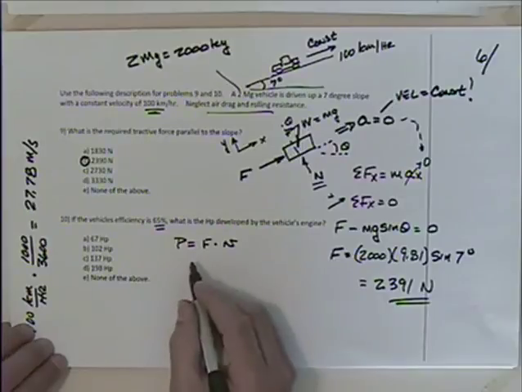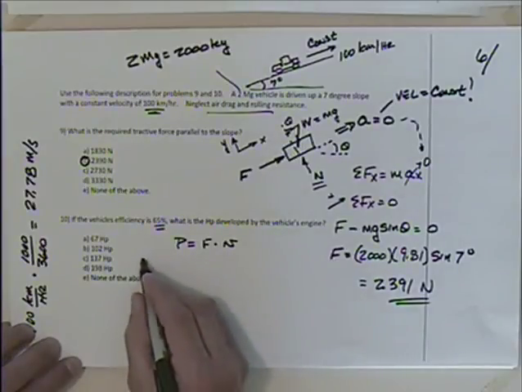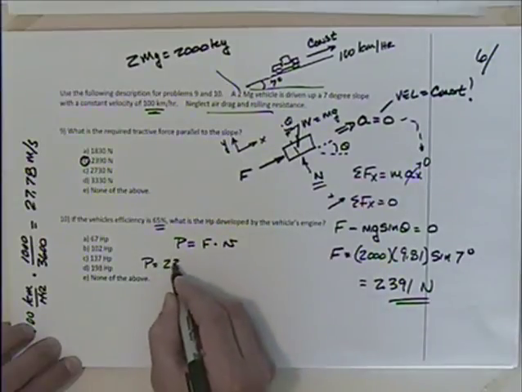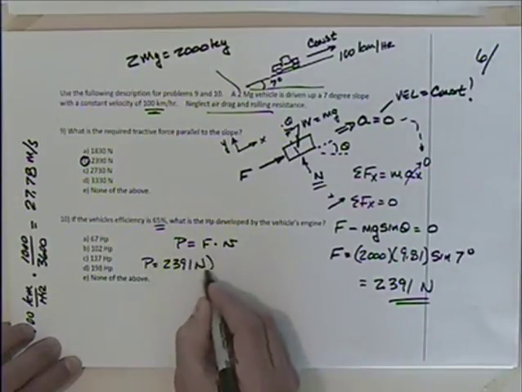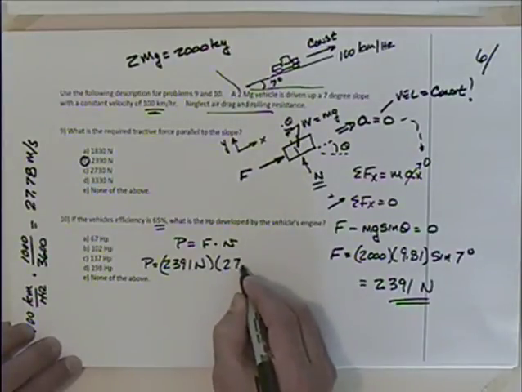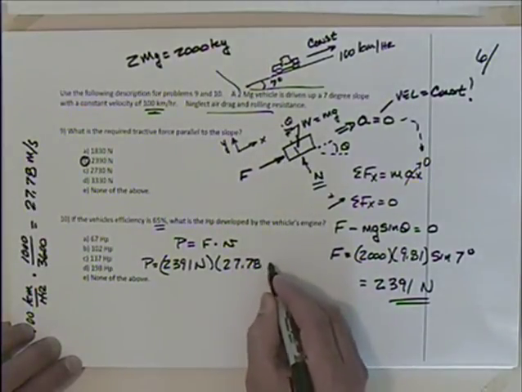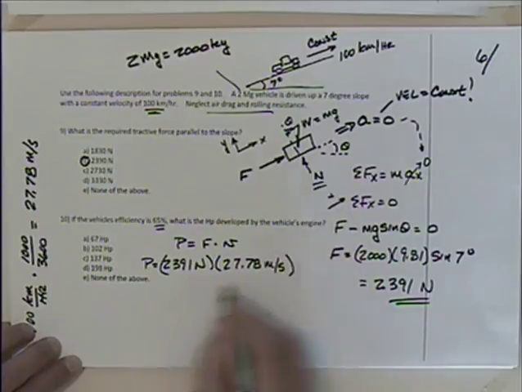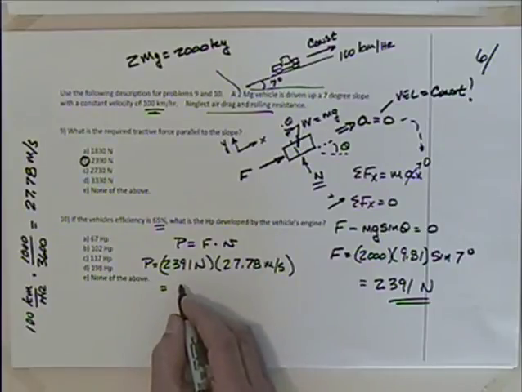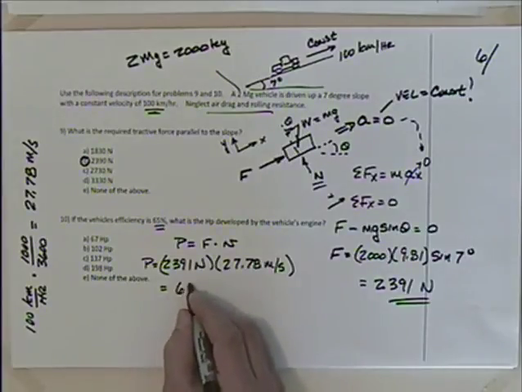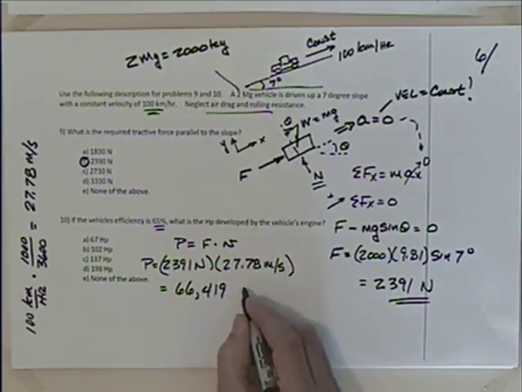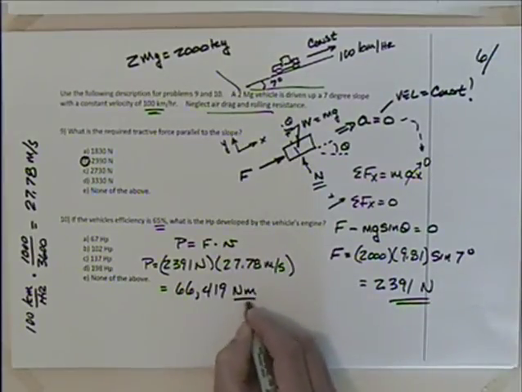So now with that, I could take that the power is going to be equal to the force, 2,391 newtons. I'll multiply that by our velocity, 27.78 meters per second, and I come up with 66,419 newton meters per second.